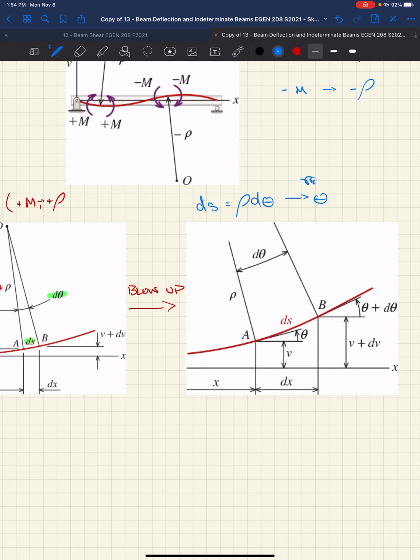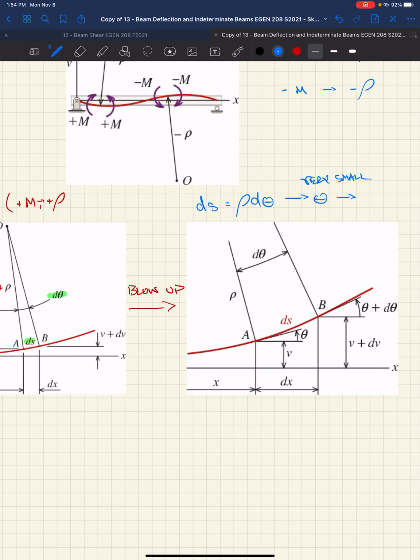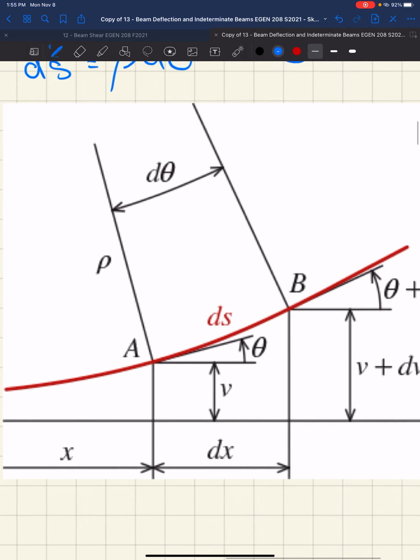If we're looking at a very small theta, ds, we're going to say, is equal to dx. As d theta gets super, super small, the length of ds is essentially going to be dx.